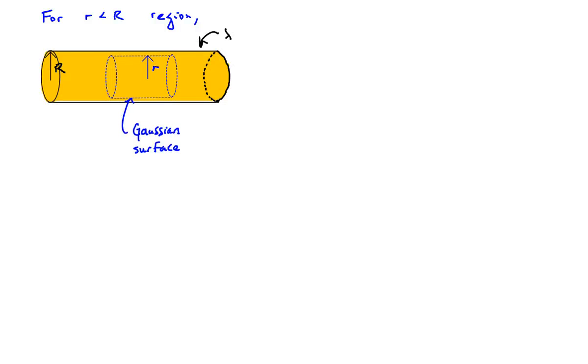So we're looking for the place where r is less than the radius of the cylinder. Let me draw a picture for this. And there you have it. There's the wire shaded in orange, and then I've selected a Gaussian cylindrical surface within the wire with radius r and length L. If you were to look at the cross section of this cylindrical wire, you'll see the following.